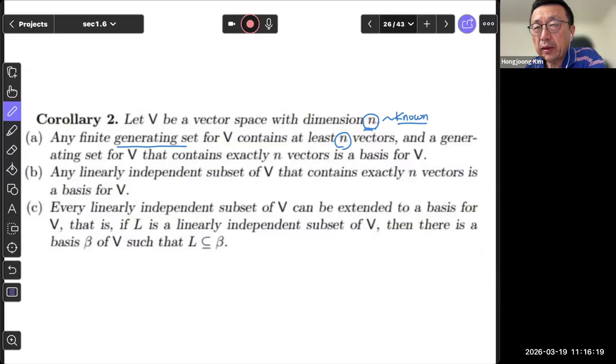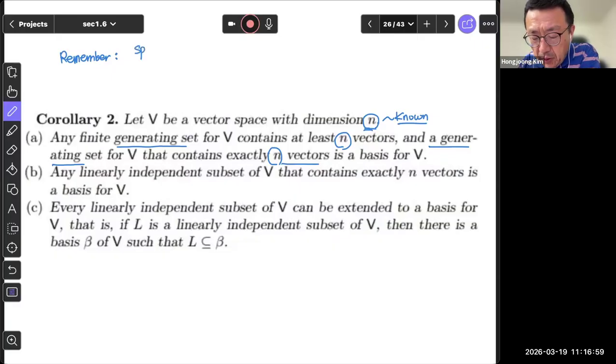If the vector space I consider is n-dimensional, then what is the second part of statement A? A generating set with exactly n vectors will be a basis. Please remember, we required two conditions for a set to be a basis.